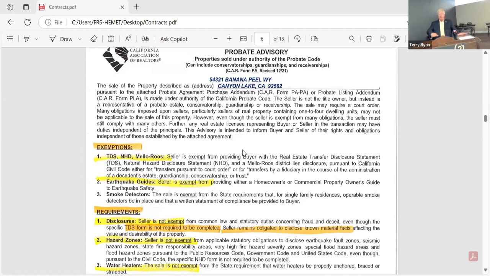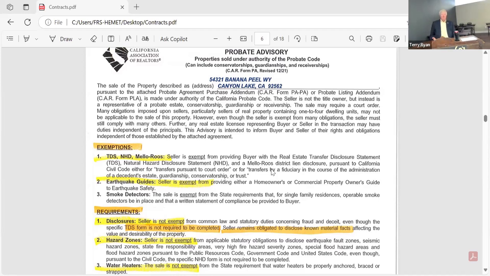And it also should imply in there the SPQ, but the reason it doesn't say anything about the SPQ is because the SPQ is not a government mandated disclosure where these others are. But it says that with all of these things, the seller is exempt from providing the buyer with any of these things. All right, so if it's a probate deal, you know that they're not required to give you a TDS.